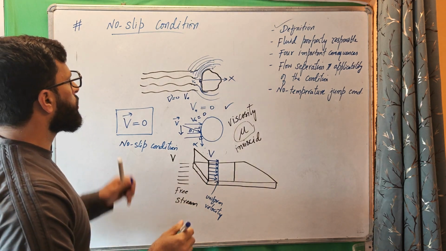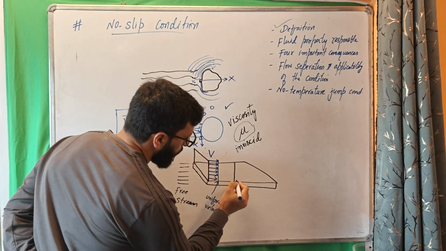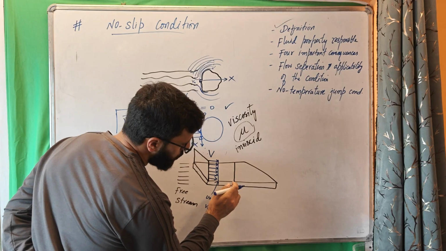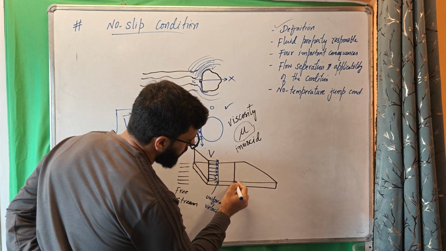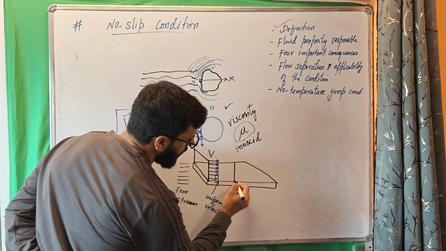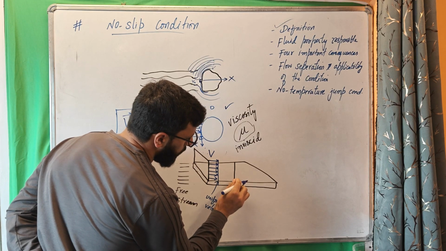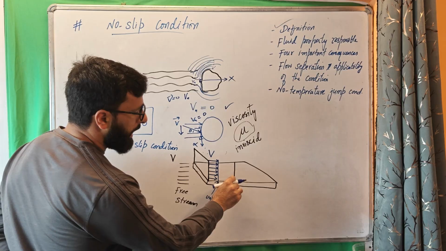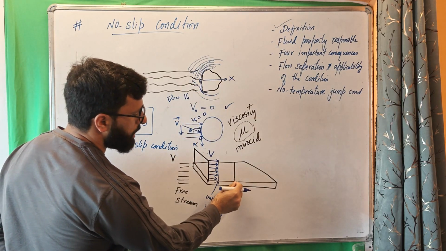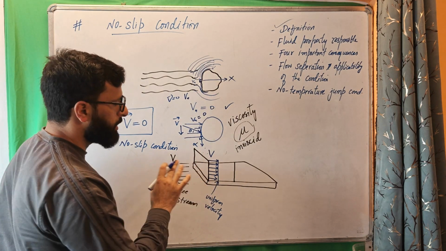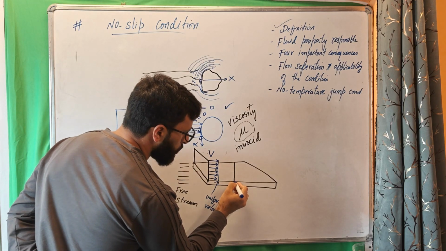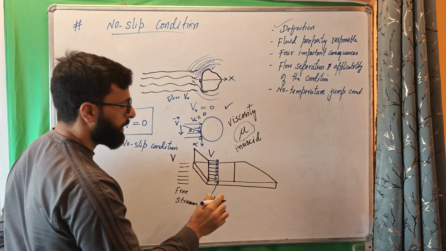What will happen now, because of this no slip condition, is that the fluid layer in contact with this solid will have zero velocity. That means I will not draw any arrow, because drawing an arrow of small length would mean the layer in contact with the solid surface has some magnitude of velocity. But since velocity is completely zero, this will be totally a point, not an arrow.